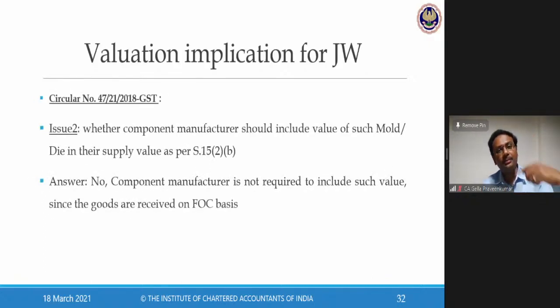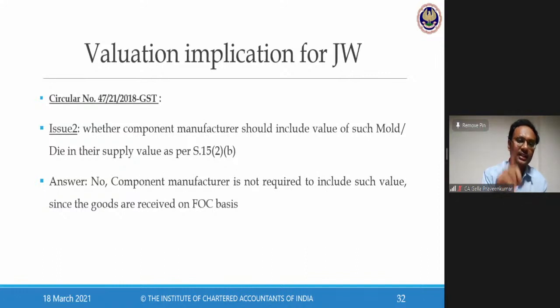Where a component manufacturer receives them on FOC, should he include that mold cost and amortize that FOC cost? Again, they say, look, the OEM has given something to you for job work activity on an FOC basis. Because this is not in your scope, you as a component manufacturer need not do any amortization.